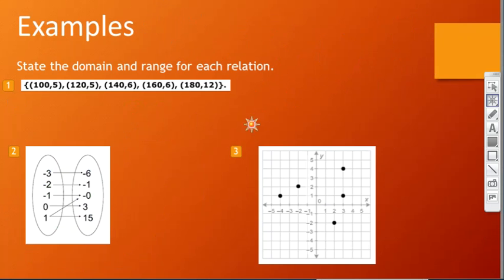Okay, so now let's go through a few more examples. You have 3 different examples here. For each of these examples, we need to state the domain and range for each relation. So let's start with number 1. Number 1, we have a set of ordered pairs here. Remember, ordered pairs are listed x first and then the y.